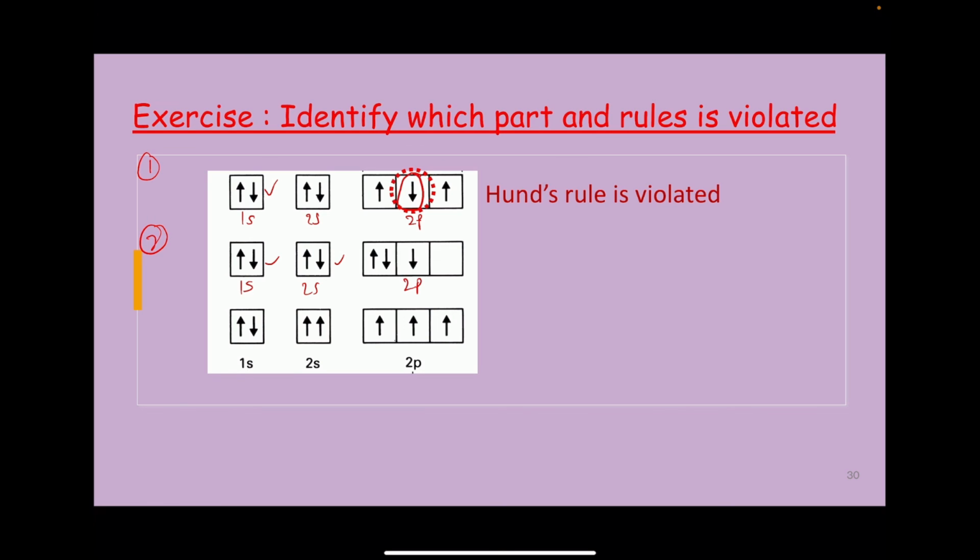Because we need to fill up singly electrons first with the same orientation. So we need to fill up like this. So the second one has been violated, Hund's rule is violated.